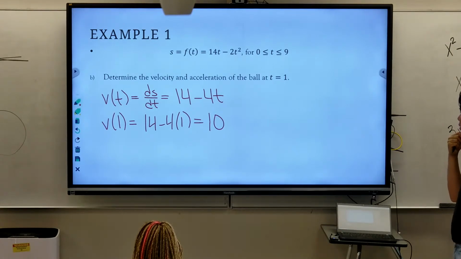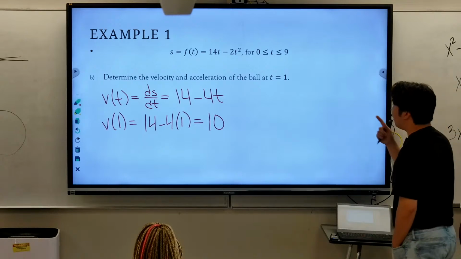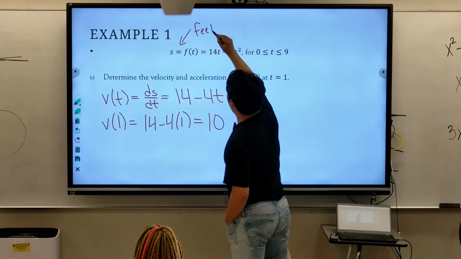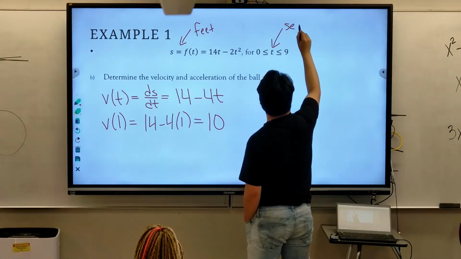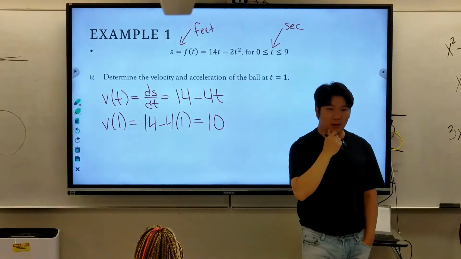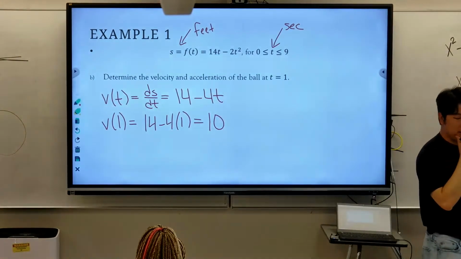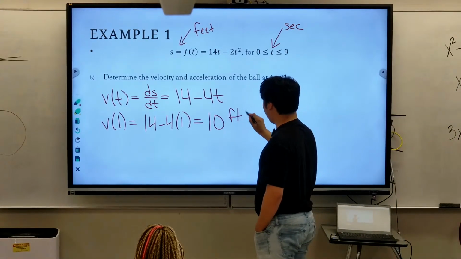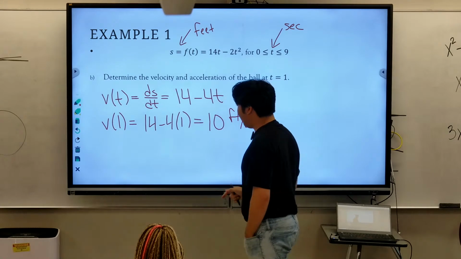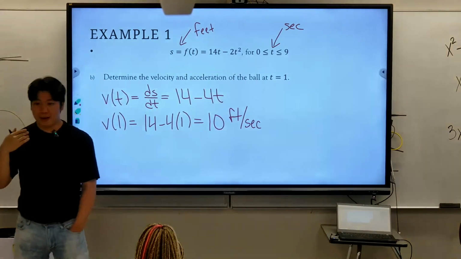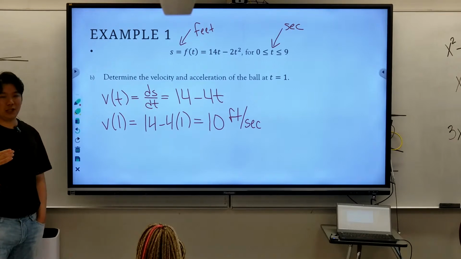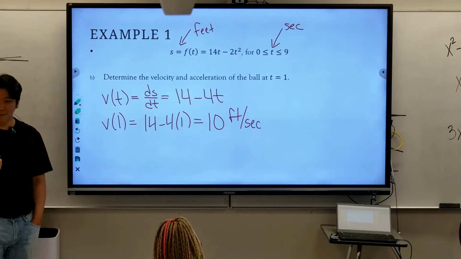However, what is the unit of measurement for the velocity function? Remember, my position was measured in feet, and my time was measured in seconds from earlier. So what is my velocity measurement? Yeah, feet per second. And we know this because velocity is how my position is changing over time.